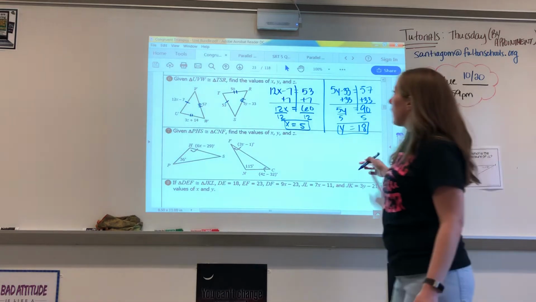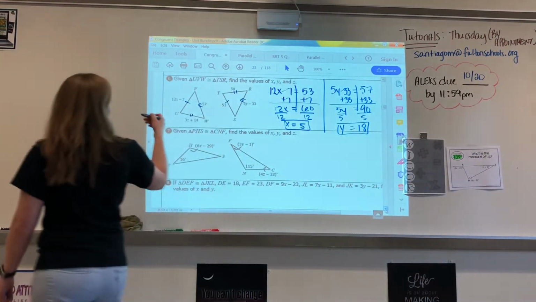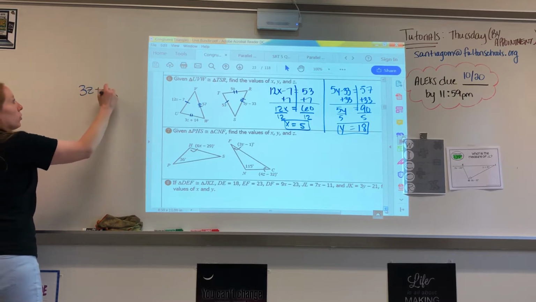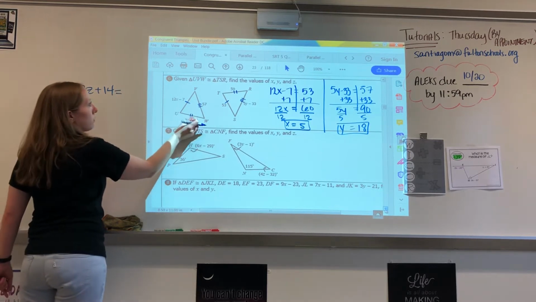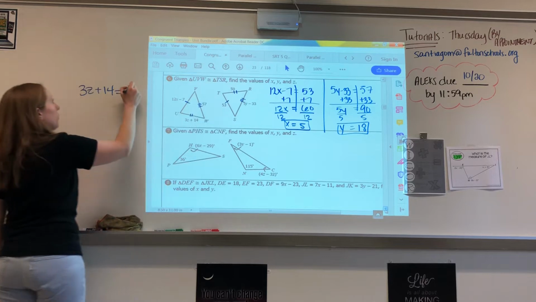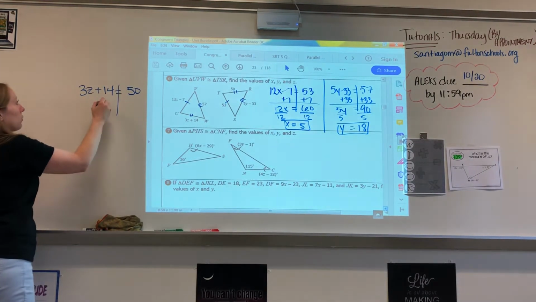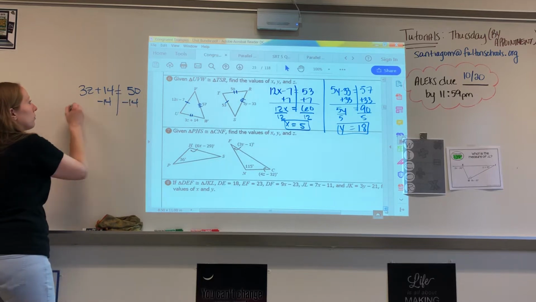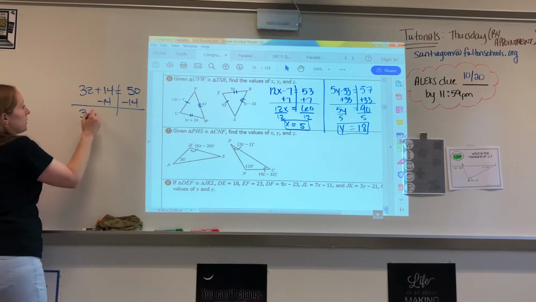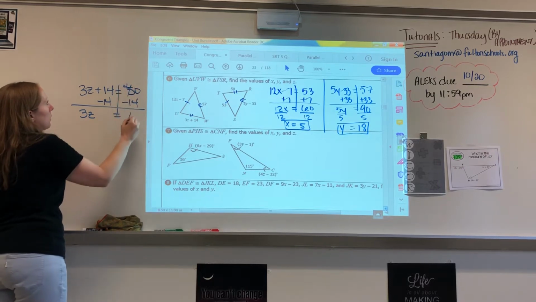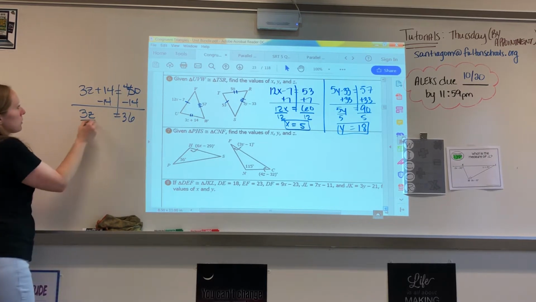Okay? Now I gotta find z. So I'm gonna go over here and do z. So z is 3z plus 14 equals, it's two tick marks, I labeled two tick marks, 50. Get z by itself. Subtract 14. Bring down 3z. 50 minus 14 is 36.